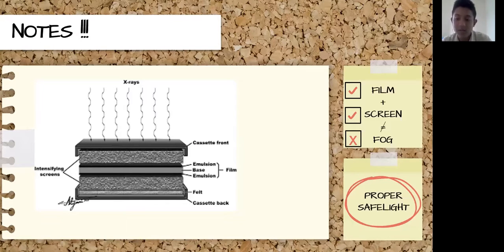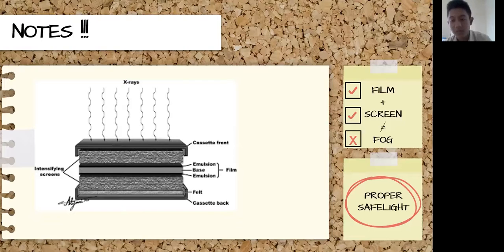The negative charge at the sensitivity center attracts free silver ions and forms silver atoms, resulting in a latent image.